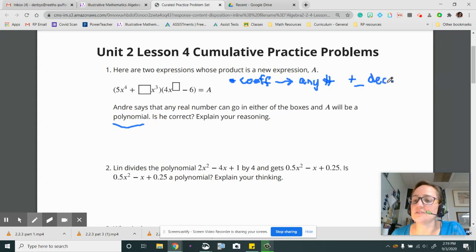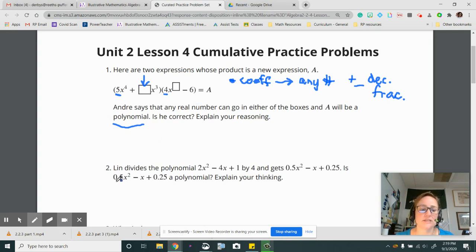All of these things are possible when we're looking at the coefficients. So it is absolutely a-okay that 5 is a positive whole number is what we have here, and 4, there's another coefficient going on there. So any number can go in this box and it's going to be a-okay. It'll still be a polynomial.